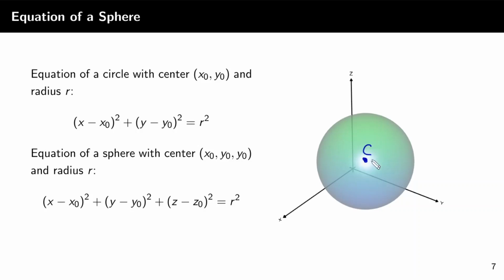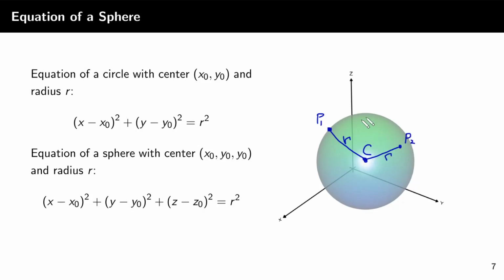Let's call this C. So the sphere is the set of all points such that its distance from a given point called the center is the same. Suppose R yung distance nito. So if I call this P sub 1, then the distance between P sub 1 and the center is R. If I have another point here, P sub 2, then yung distance niya from the center should also be R.